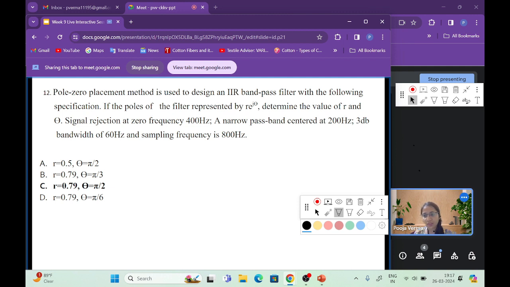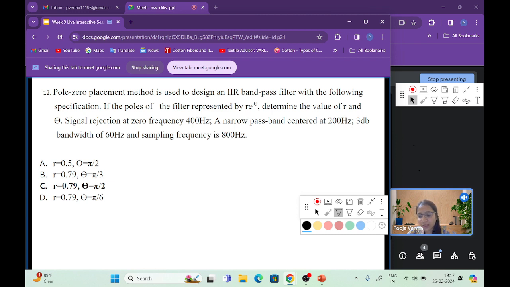First, it is given signal rejection at zero frequency and at 400 Hz. I think all of you have gone through the lecture video, where one question is also described.